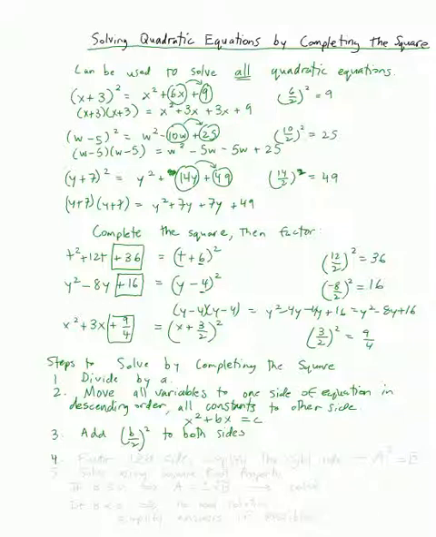Step 4, we're going to factor the left side and simplify the right side. And so you're going to get something that looks like this. Something squared equals something.